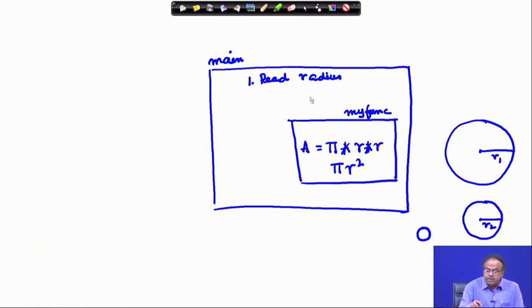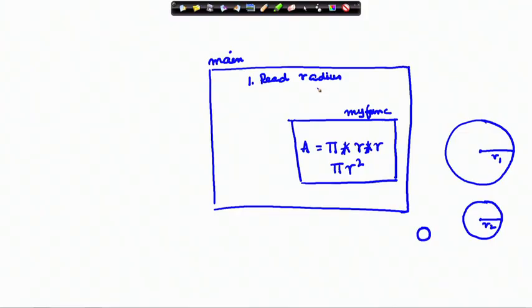So, this function can compute the area of any circle, provided it gets the radius told to it. So, this machine is expecting some value to be passed on to it. Please note the terms I am using. This function requires some value to be passed on to it.